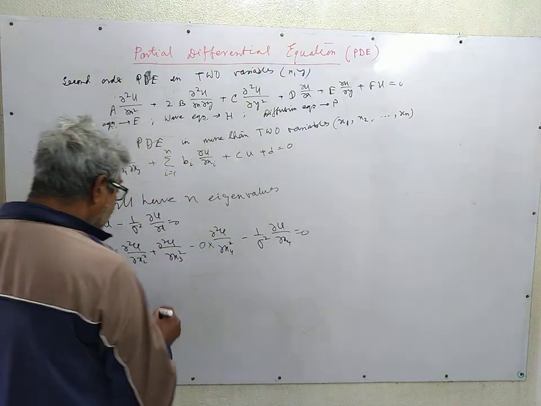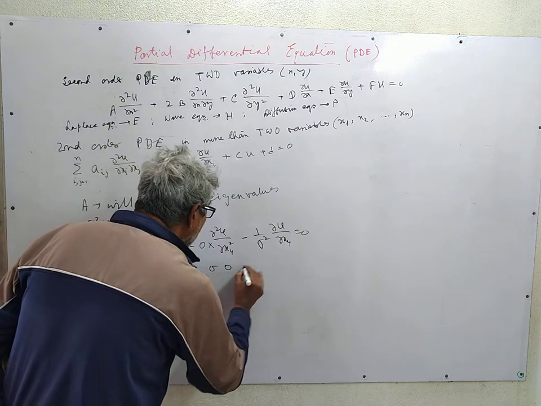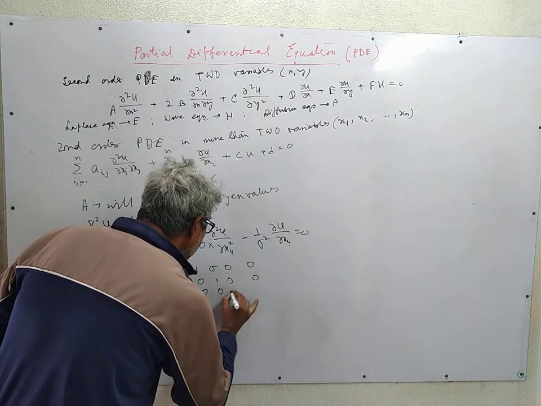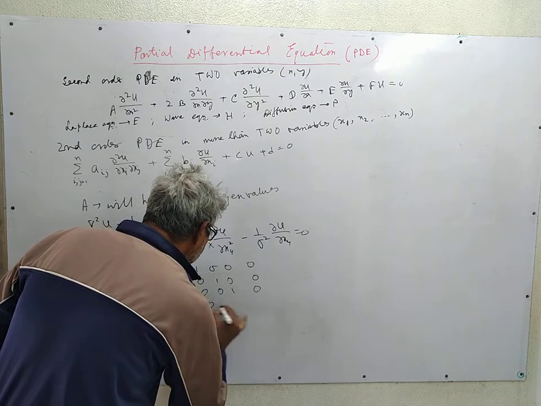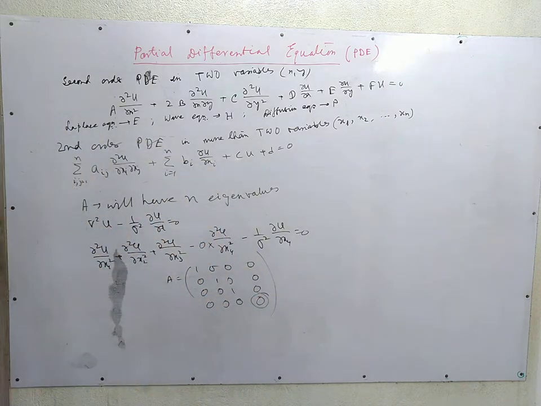So the matrix A will be 1 0 0 0, 0 1 0 0, 0 0 1 0, 0 0 0 0. One eigenvalue is 0. So this is the definition of a parabolic partial differential equation.